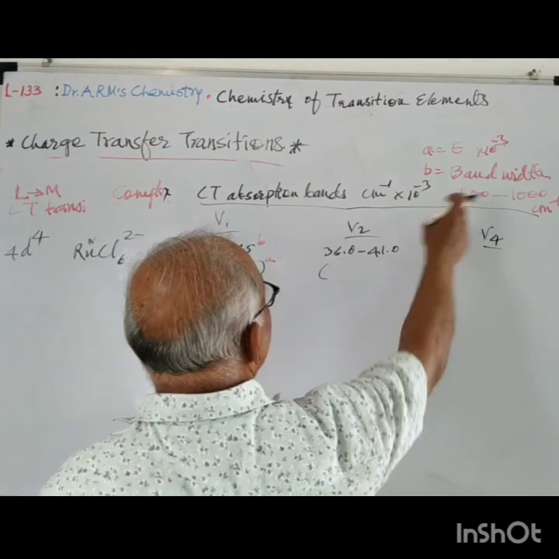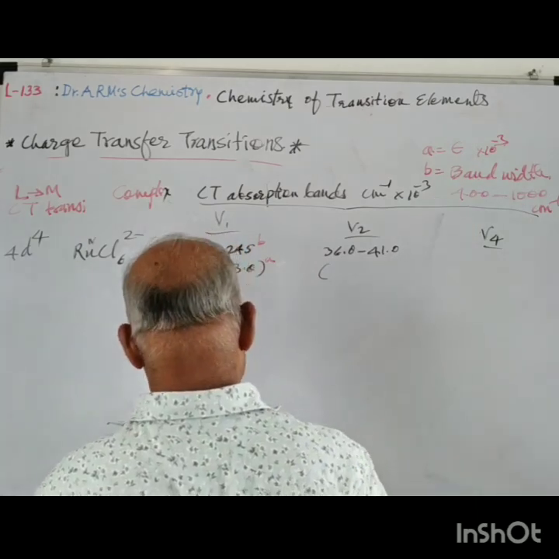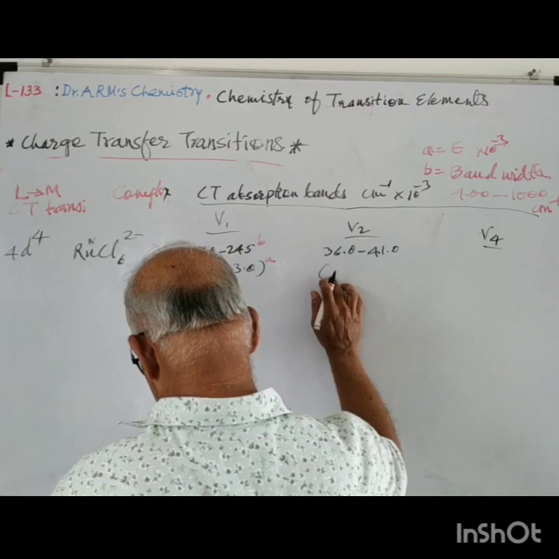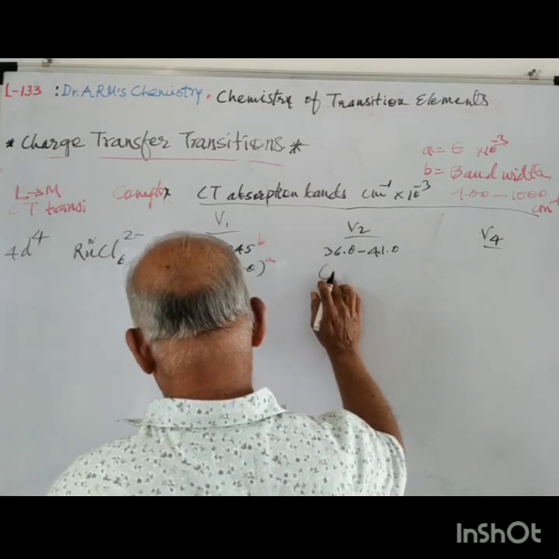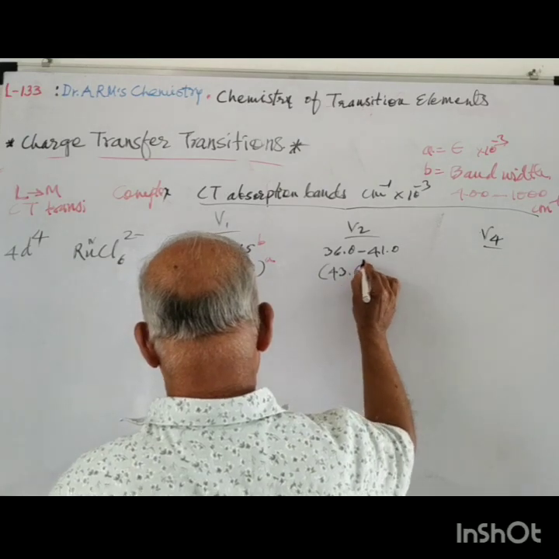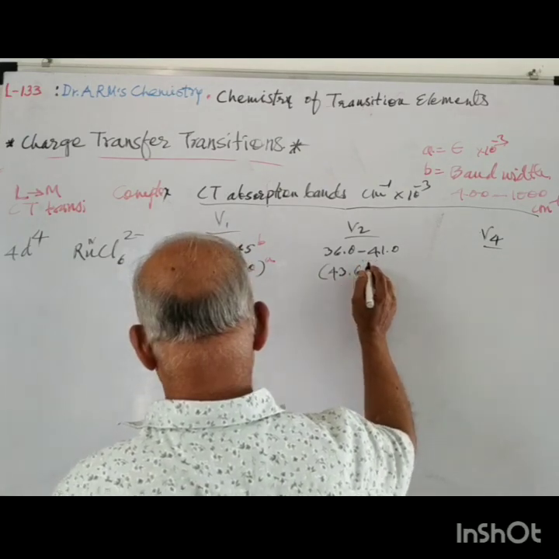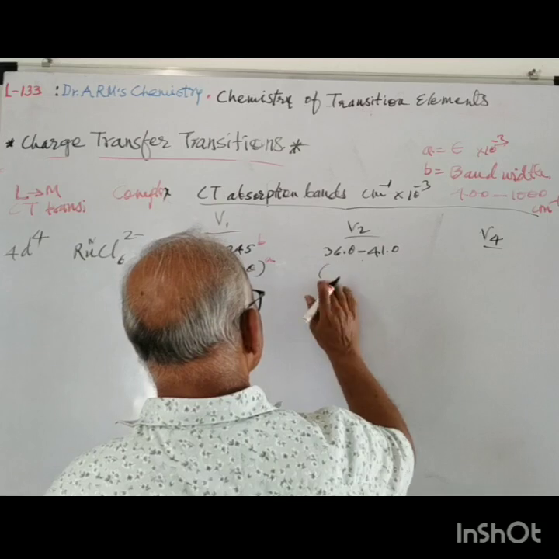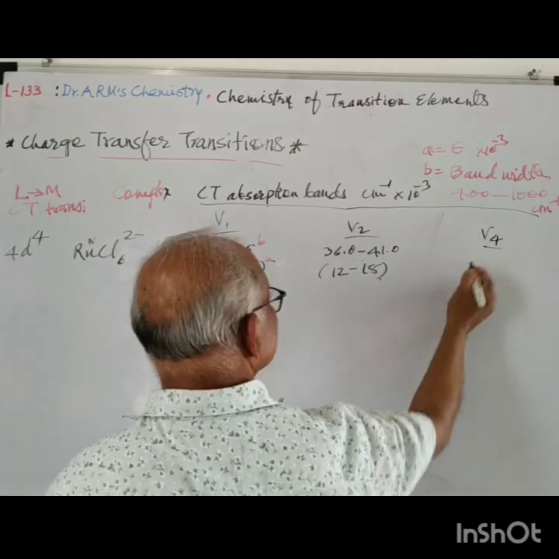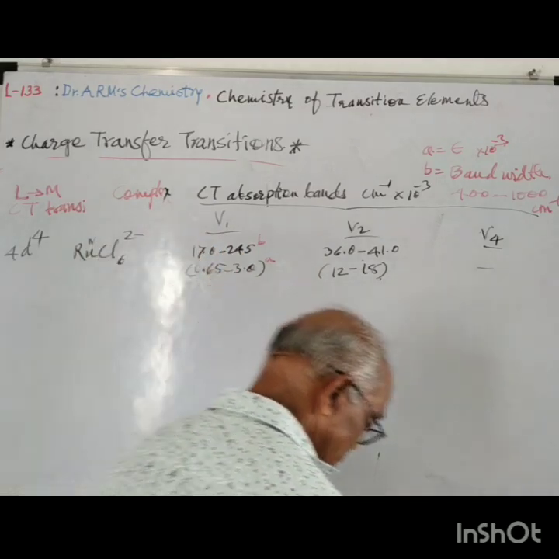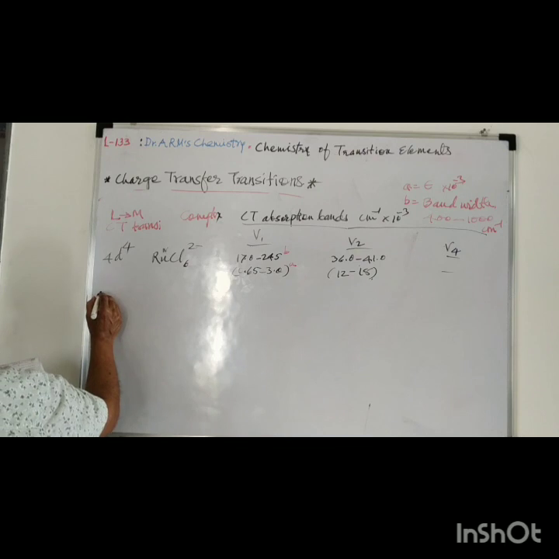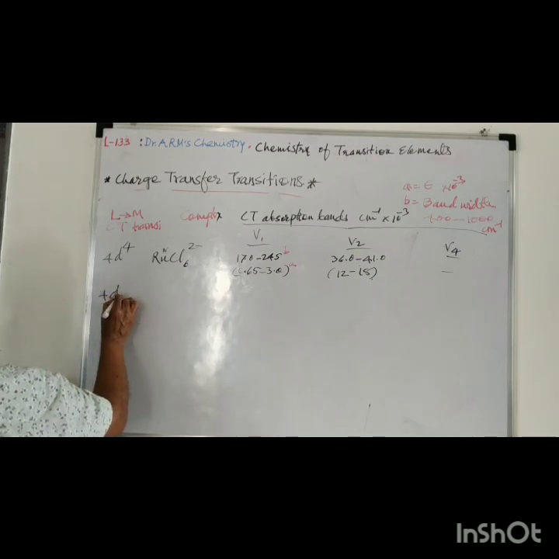So here A values are molar extinction coefficients, which are shown in parentheses. So these are 43.6, 12 to 18, any such value.